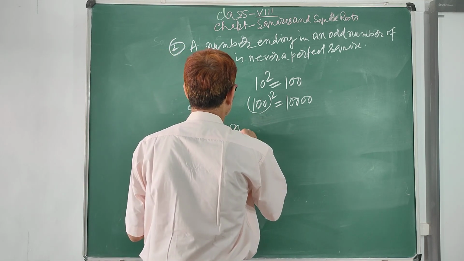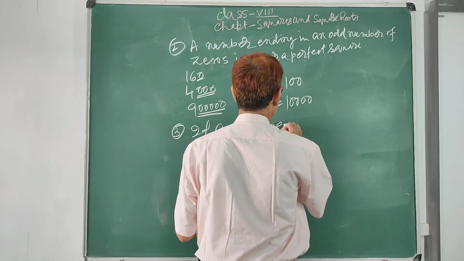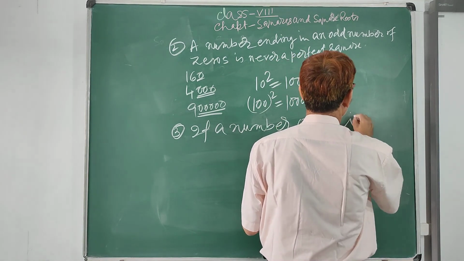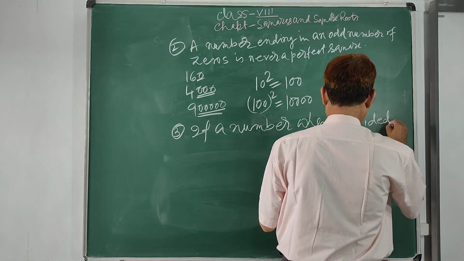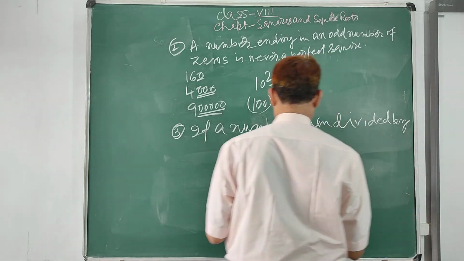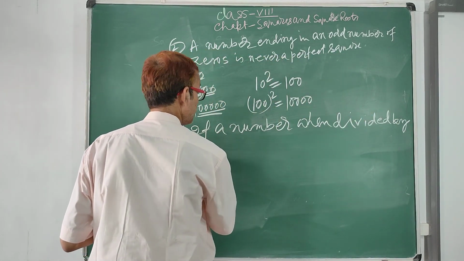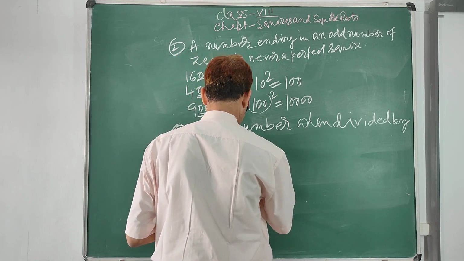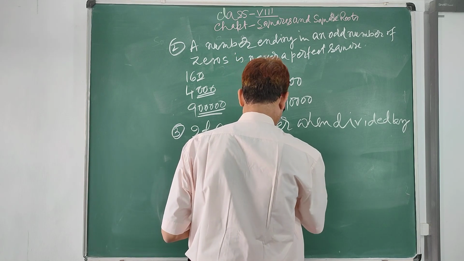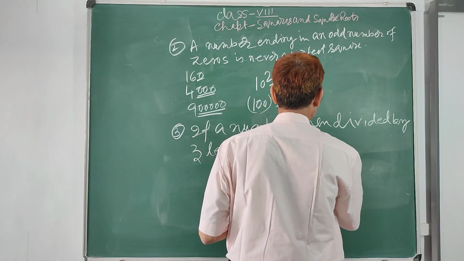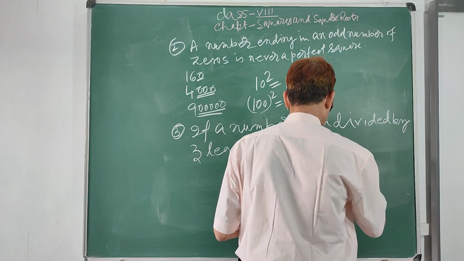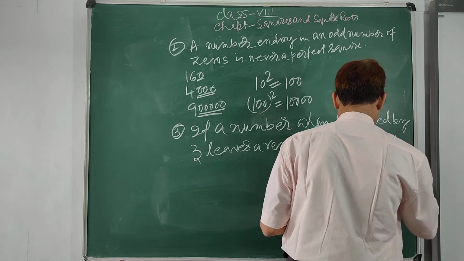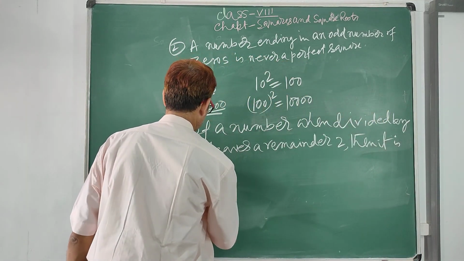Third property: if a number divided by 3 leaves a remainder 2, then it is not a perfect square.